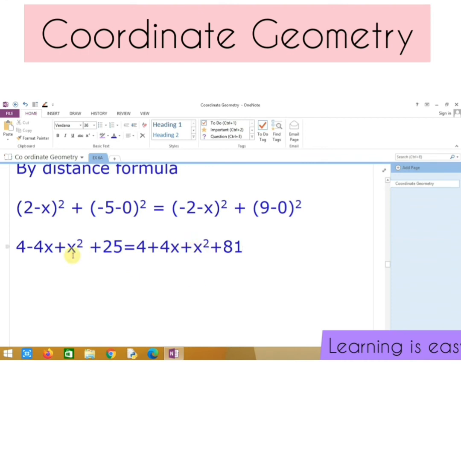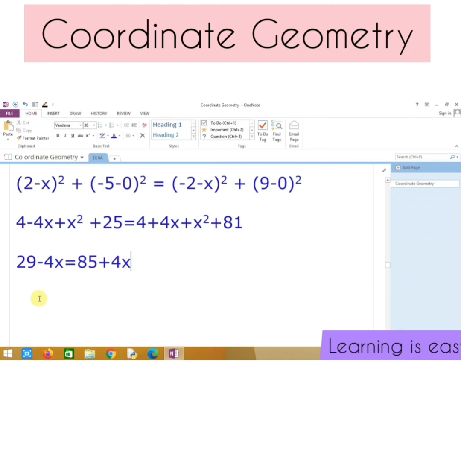So x square and x square goes off. 29 minus 4x, 81 plus 4 is 85 plus 4x.